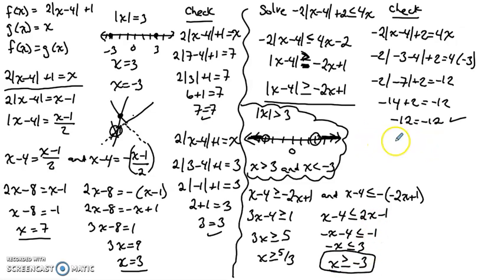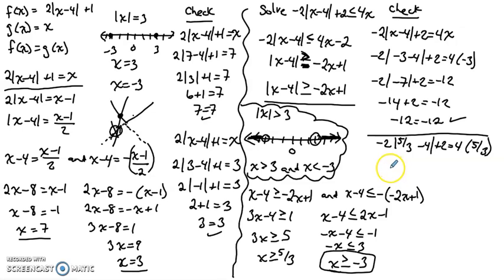So that's true. So this is, in fact, one of our answers. Let's check our other case as well. We end up with negative 2, and let's draw a line here just so we can keep them apart a little bit, times the absolute value of 5/3 minus 4 plus 2 equals 4 times 5/3.